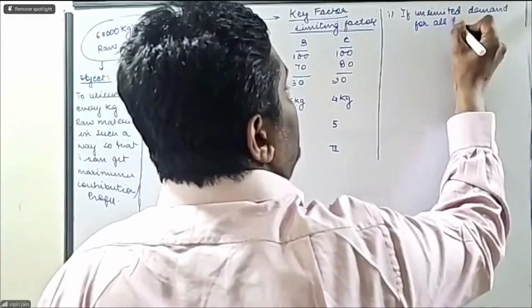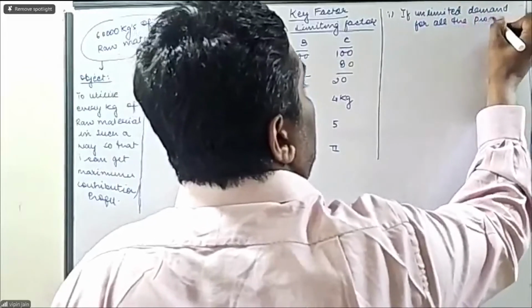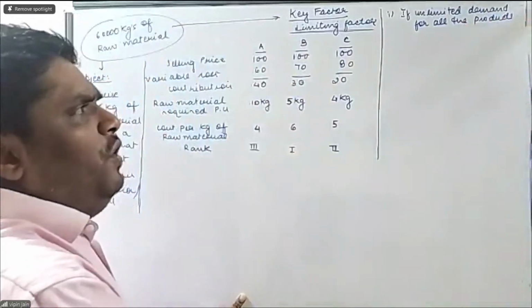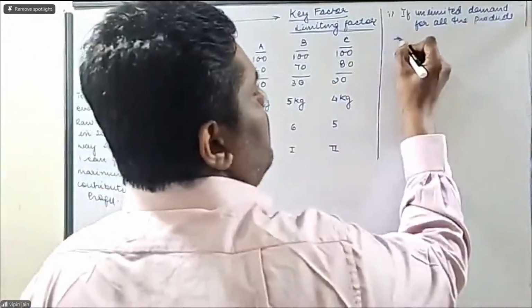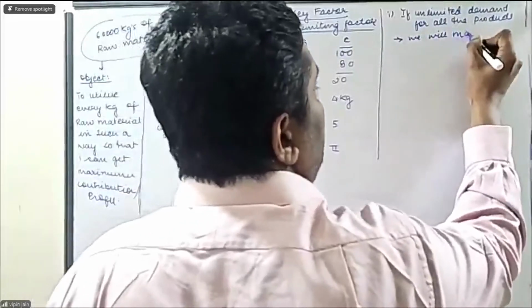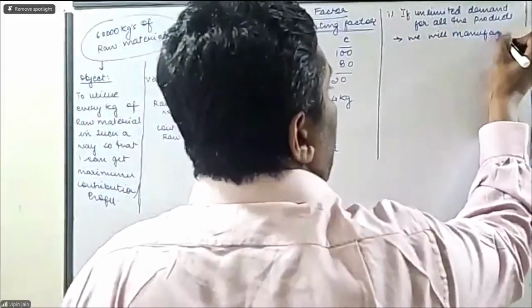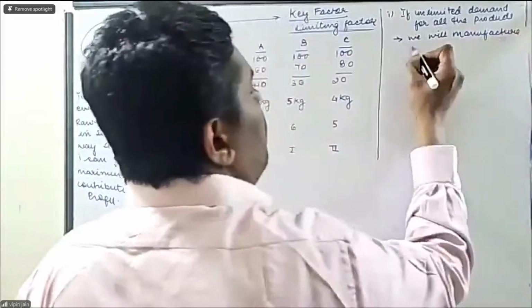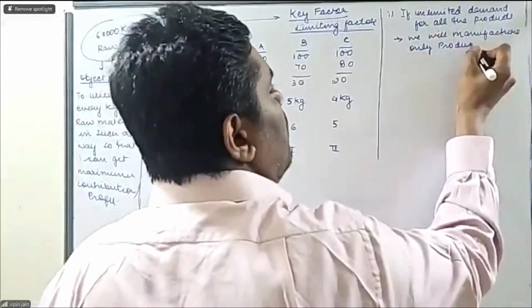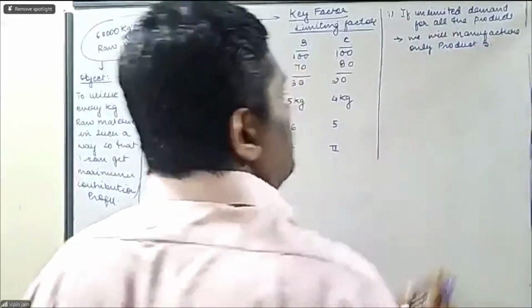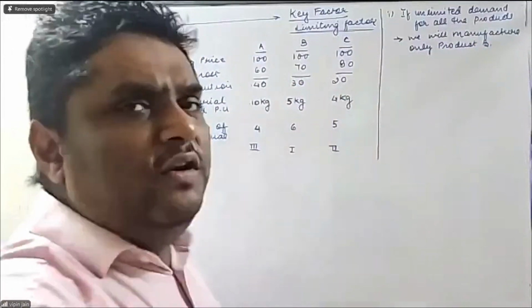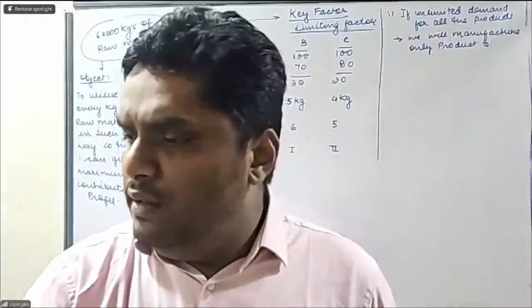If there is unlimited demand for all the products, then we will manufacture only product B. How many units will we be able to manufacture of product B? Can you guys tell me?